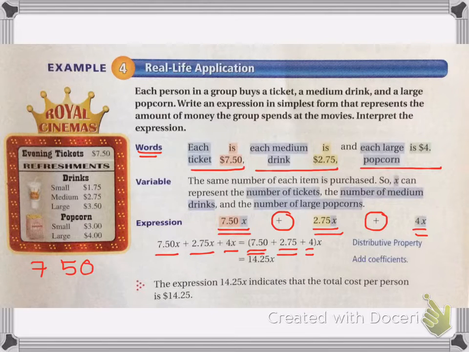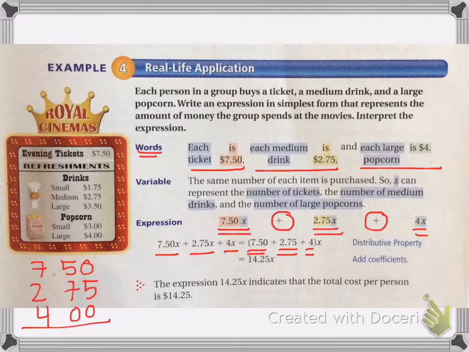7.50. Let me make my decimal a little. It's really hard to make a decimal in here, but that's a decimal. So 7.50, 2.75, and 4.00.